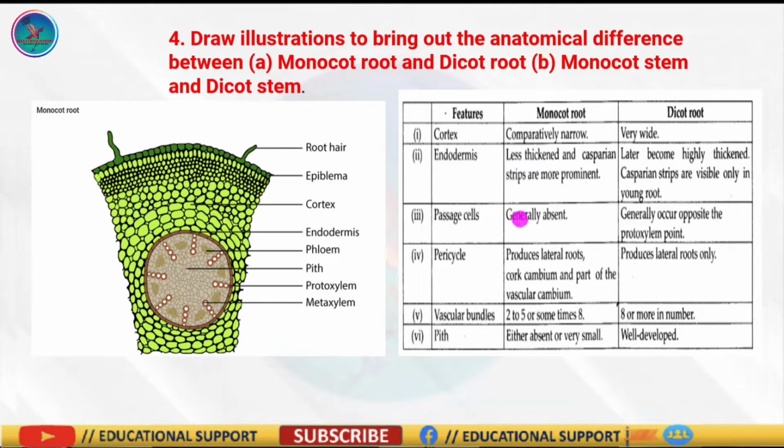In monocot root, passage cells are generally absent, but in dicot root, passage cells generally occur opposite to the protoxylem point. And in monocot, pith is either absent or very small, but in dicot, pith is well developed. You can see in this picture.